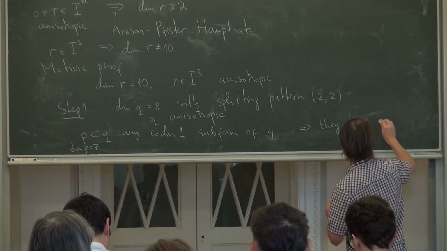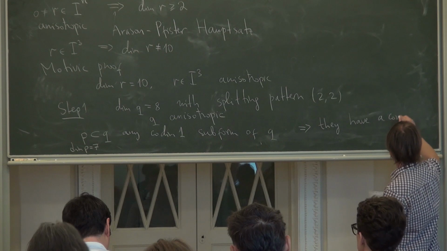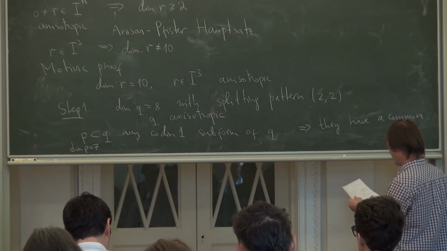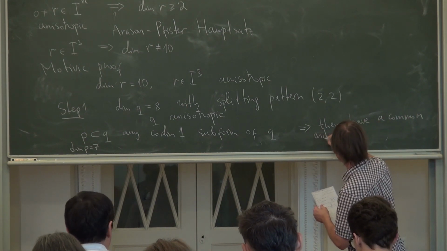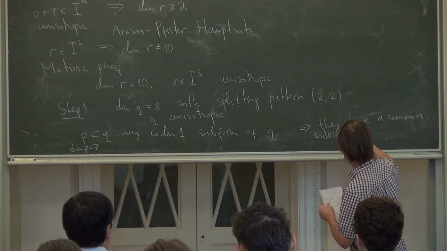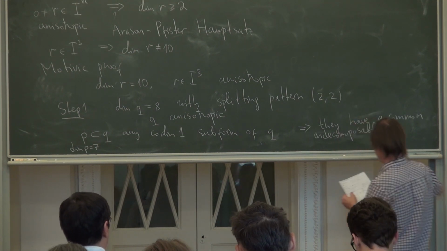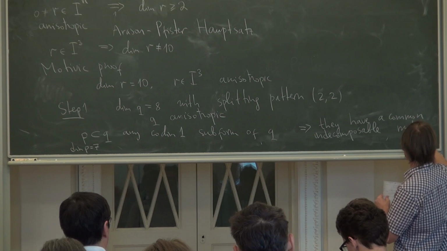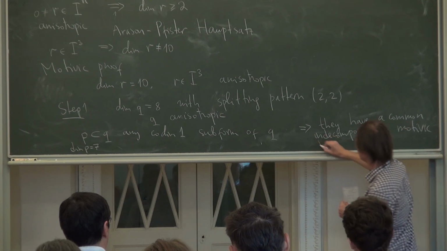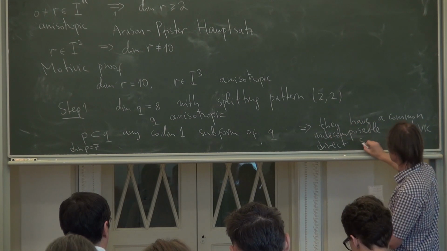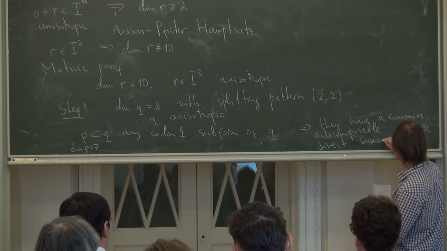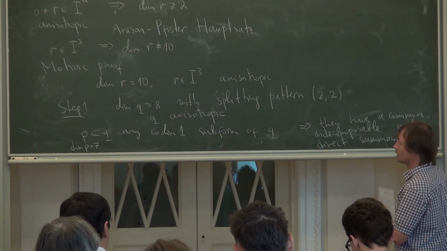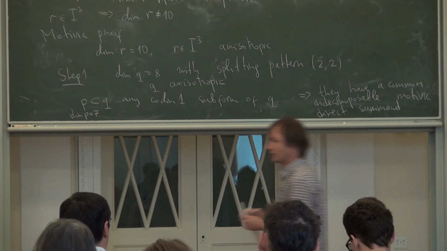So P and Q have a common indecomposable motivic direct summand. Why is it so?